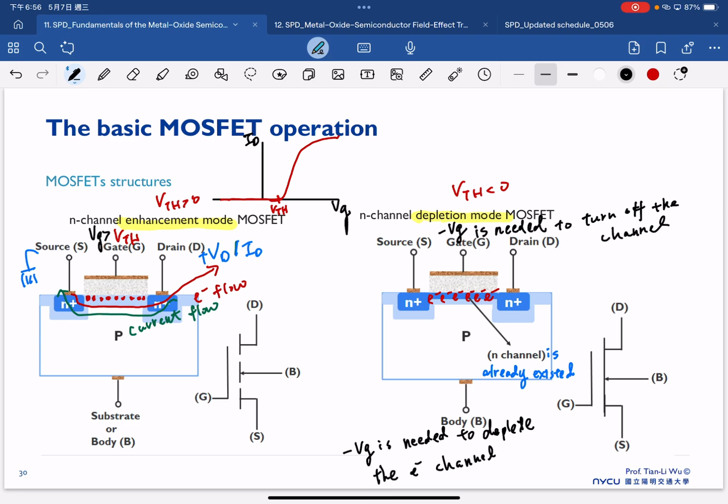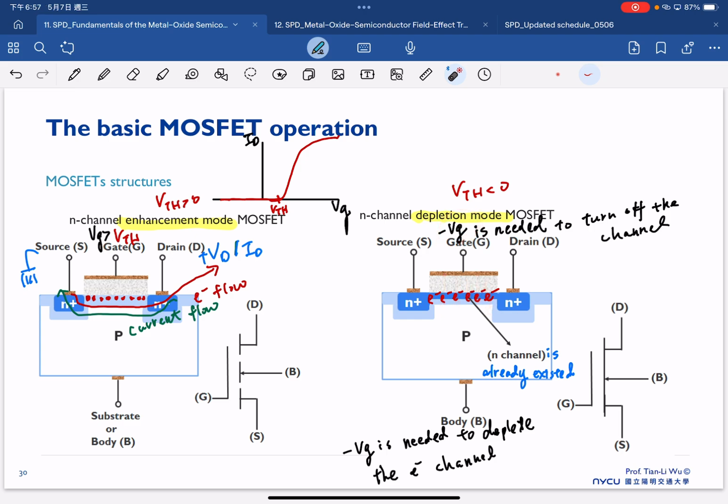So what does deplete mean here? You have lots of electrons here, then you have to apply the negative bias to try to push these electrons away. That's why we call this a negative bias to deplete, because we want to use this negative bias to push these electrons far away from the channel.